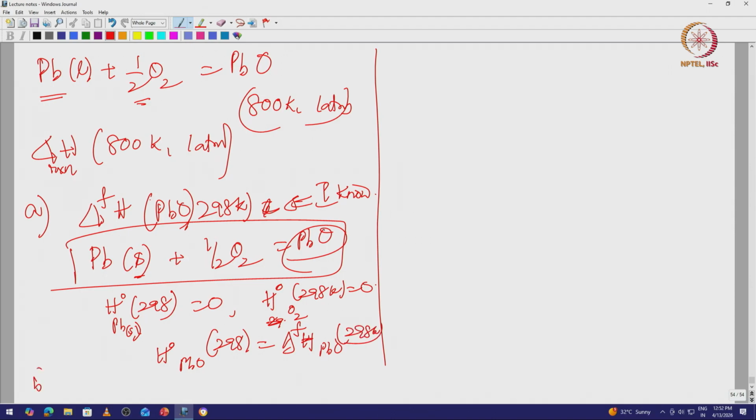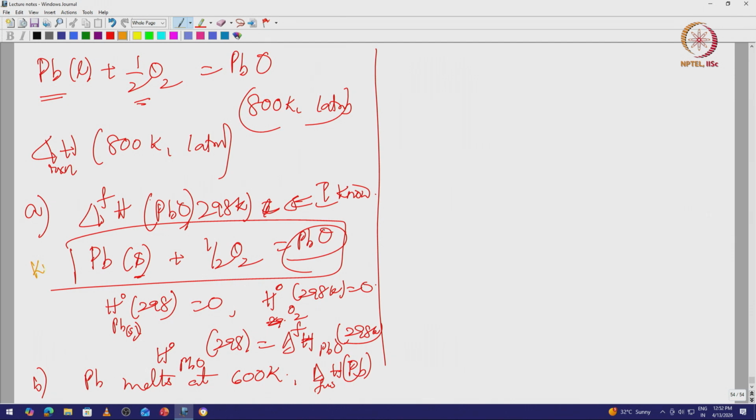Now, lead melts at 600 Kelvin, and I know the latent heat of fusion of lead. Now, it is easy. These two are known.